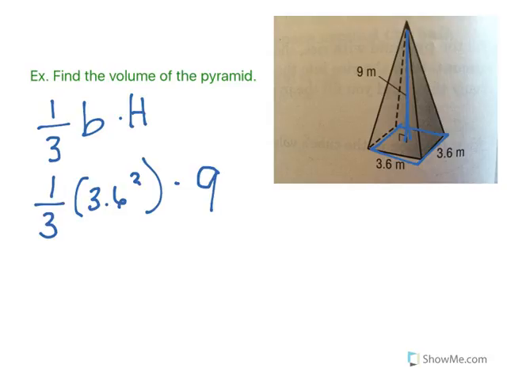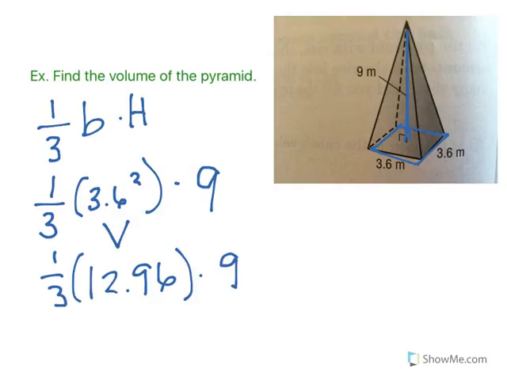Again, please use order of operations here. You're going to do your exponents first. So when you do 3.6 to the second power, 3.6 times 3.6, you're going to get 12 96/100ths. Bring down everything you haven't used. So then 1/3 times 12 96/100ths times 9.